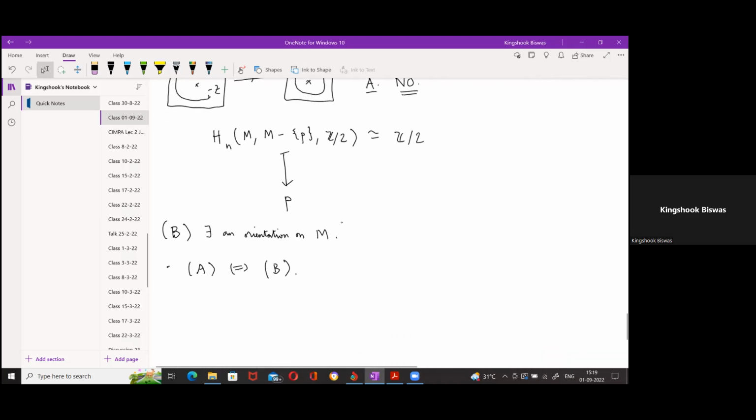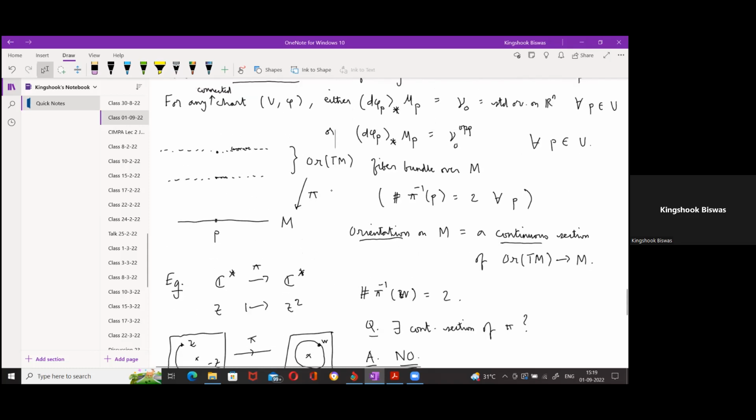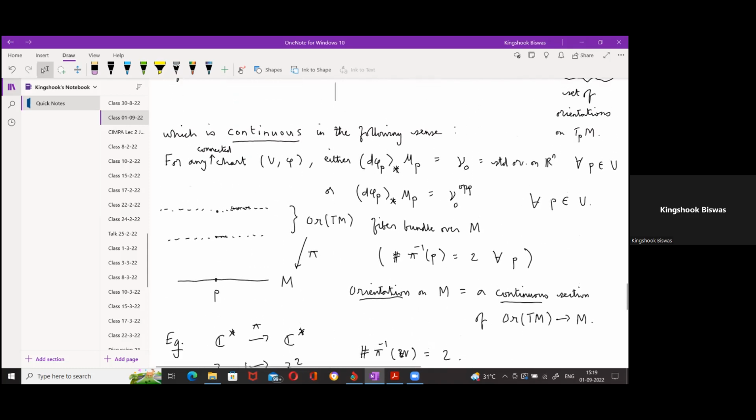So suppose I'm given an orientation, I want a good atlas. What do I do? Well, I know this continuity property holds for my charts. So either the given orientation mu p maps to the standard orientation for all p, or it goes to the opposite orientation. If it maps to the standard orientation, I keep that chart in my atlas.